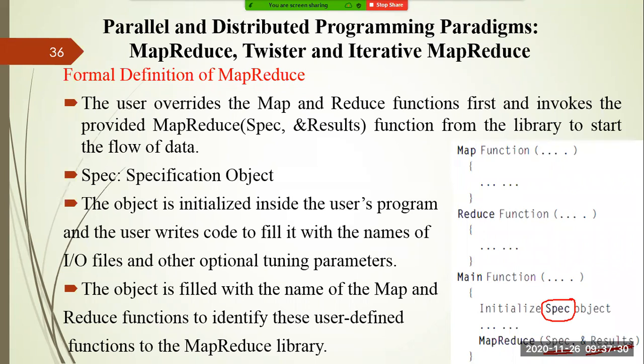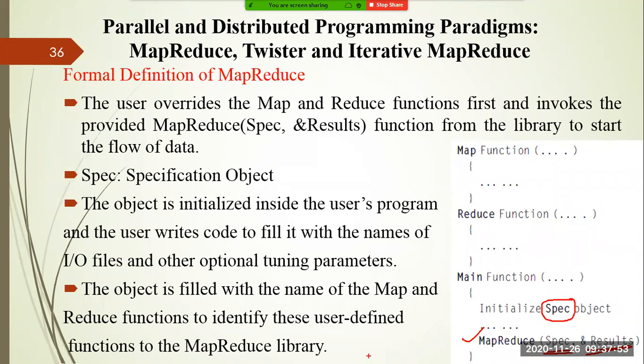So let us see how it works. The user overrides the map and reduce function. First, it invokes the provided MapReduce, that is this one, MapReduce with two parameters. One is SPEC and the address of the result function, and this function is available in the MapReduce library to start the flow of data.